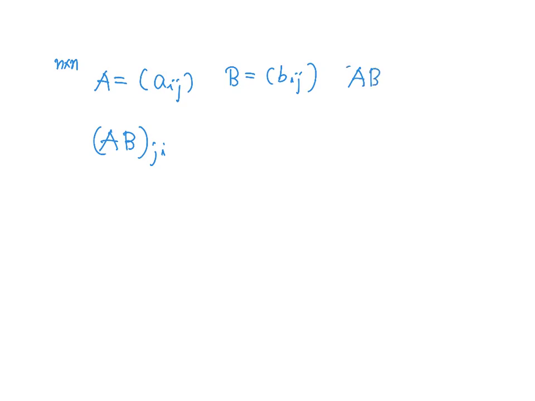so let's say abstractly, for an n by n matrix, A's component is Aij, B's is Bij. So the Ji component of AB, because (AB) transpose will be AB.